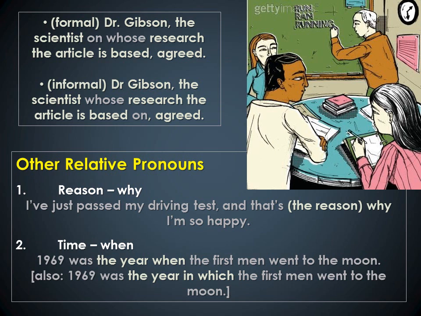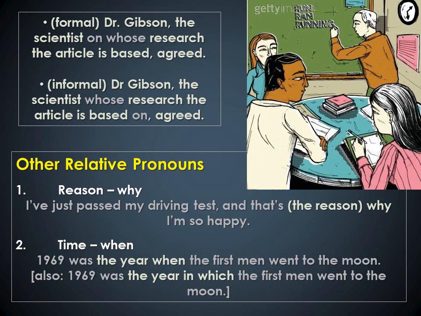But you can also say in which instead of when. So this may make all the difference when doing open-close exercises. You see, guys, 1969 was the year in which the first man went to the moon.